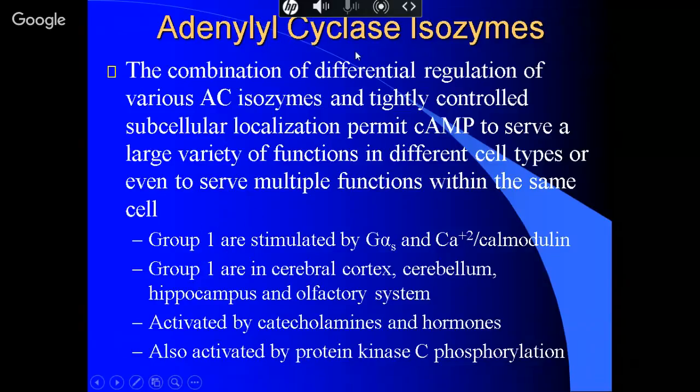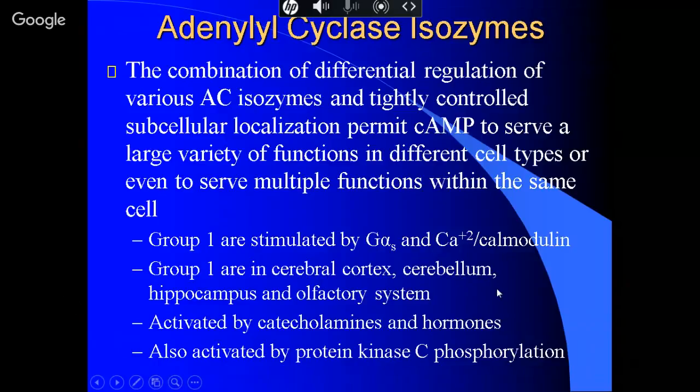So group 1 of the adenylate cyclases, there are several of those, but all of the ones in group 1 are stimulated by the alpha subunit, but they're also stimulated by calcium calmodulin, which we're not going to talk about much today, but we're going to have a separate lecture on calcium and calcium calmodulin and calcium-dependent kinases and everything else. And they are found primarily in the cerebral cortex, cerebellum, and hippocampus.